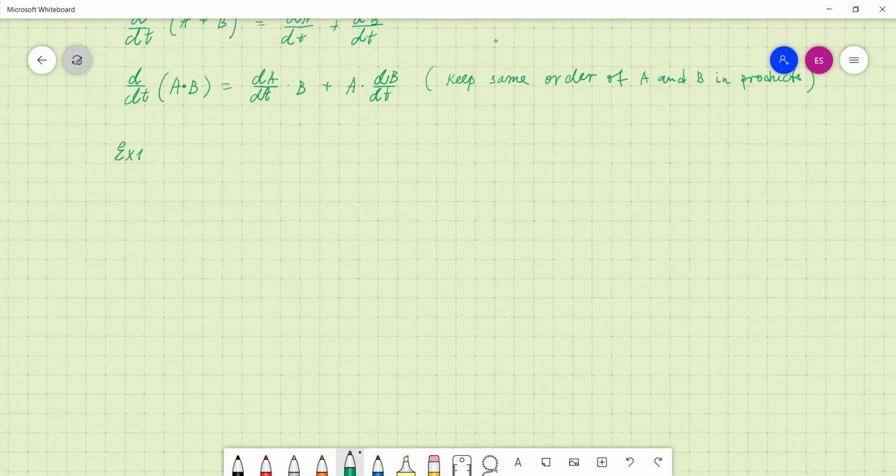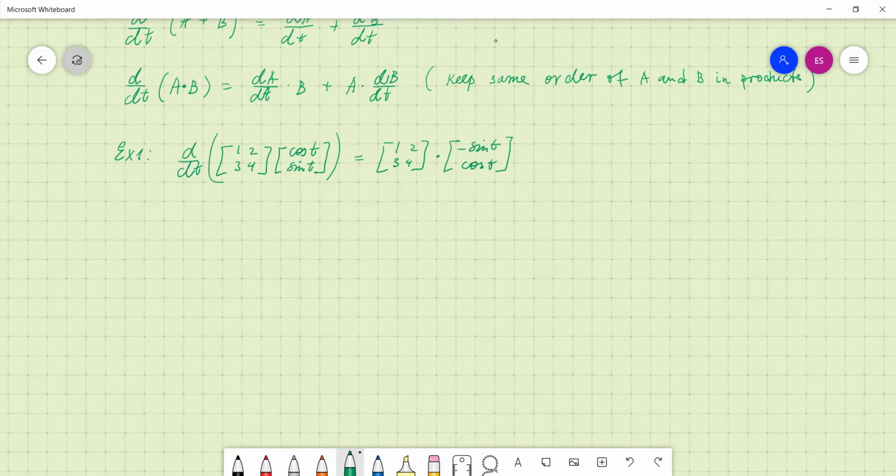Let's do example 1. I'm going to differentiate a product of a constant matrix 1, 2, 3, 4 by a vector matrix, which is going to be just a vector of sine and cosine, two functions. I'm going to differentiate this. So I'm going to take the matrix 1, 2, 3, 4 outside and just differentiate sine and cosine. Cosine is going to give me minus sine. Sine is going to give me cosine.